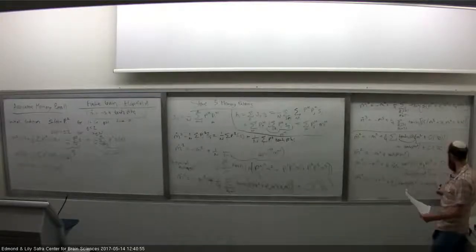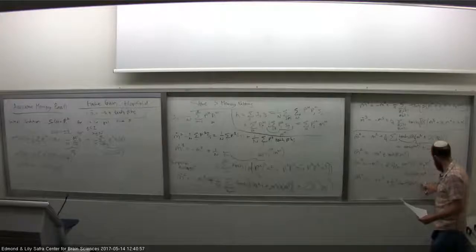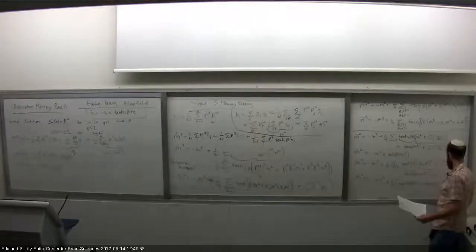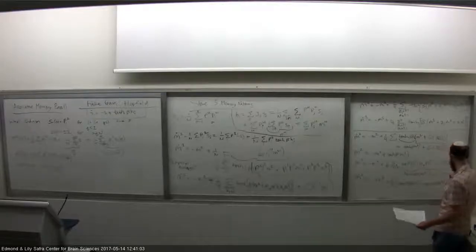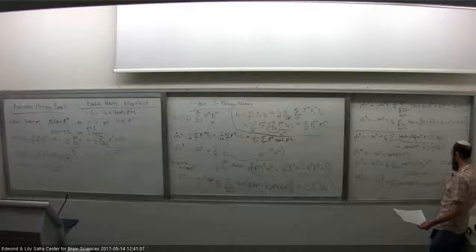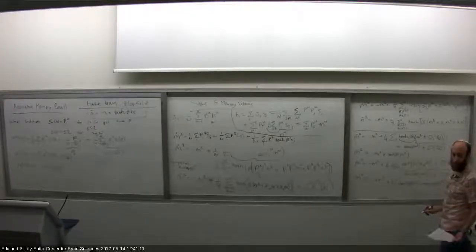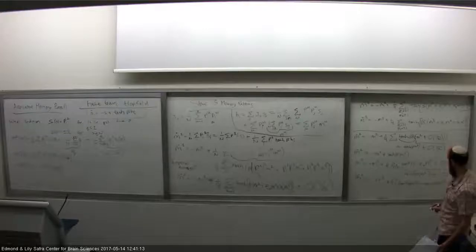Of course, tangent hyperbolic beta minus m1 is the same as minus tangent hyperbolic beta m1, right? Tangent hyperbolic is odd. And then some additional 1/square root of n terms that we haven't calculated.